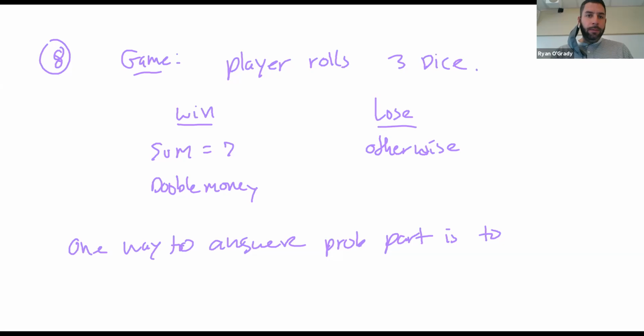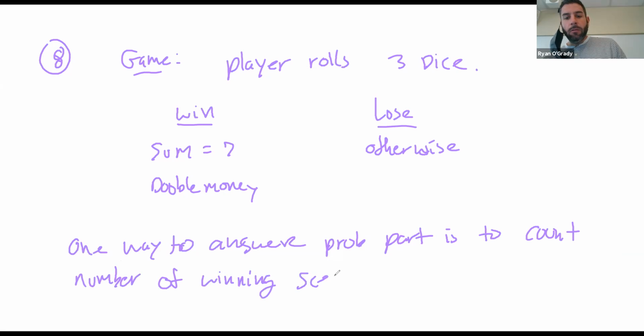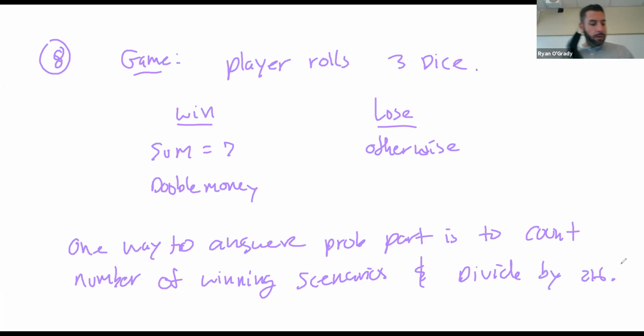I mean, I guess you could write them all out, but that would take forever. Is to count the number of winning scenarios and divide by 216, because that's the total number of scenarios.